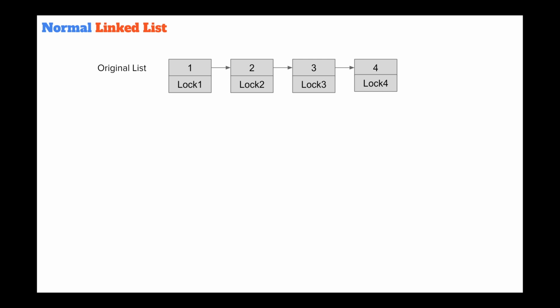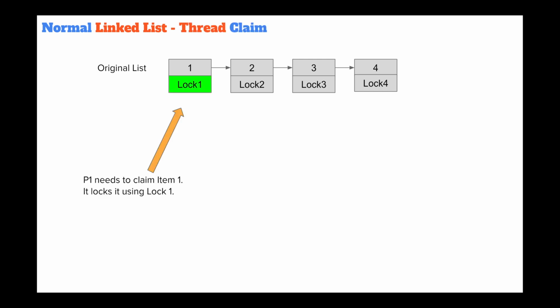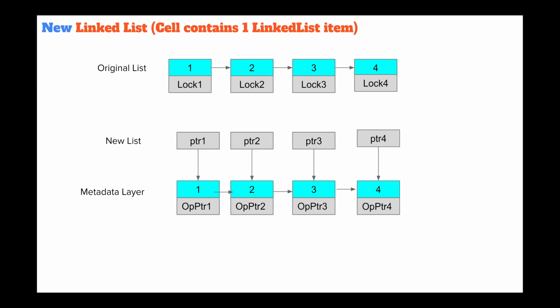If we have fine-grained locking enabled on a linked list, each node has an individual lock, and for a process to claim a particular node, it will use the lock in that node and then make the changes. In the new linked list, on top we have the original linked list, and on the bottom we have the new linked list.